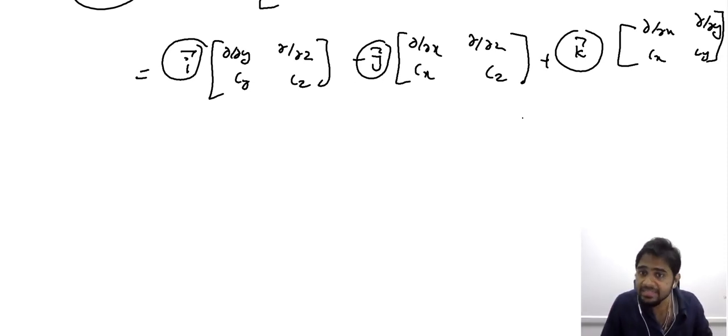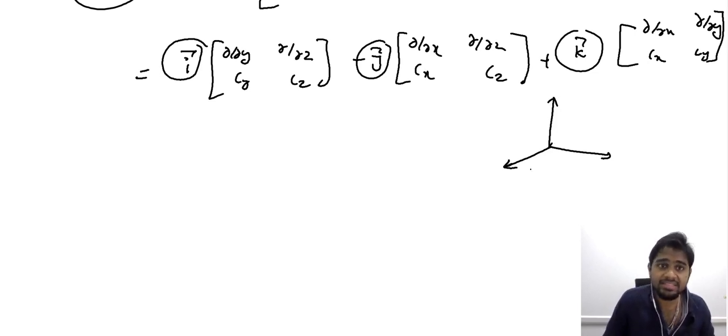When we are expressing a vector, in this case in a three-dimensional space, we assume that these indices align themselves along the coordinate basis or the coordinate system.